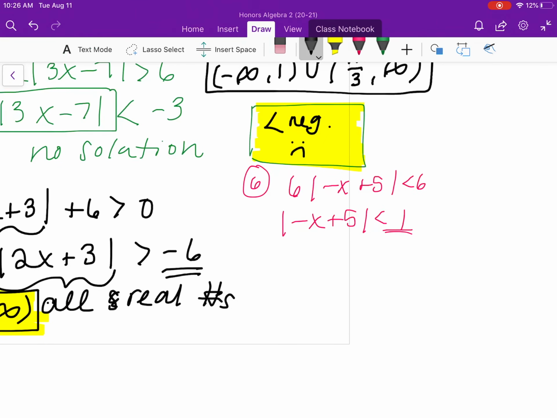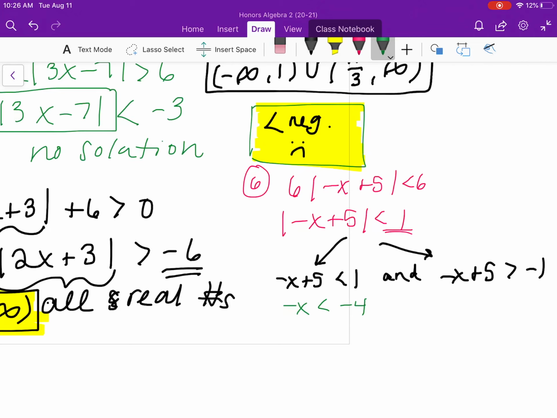But don't forget that there are going to be two situations. Negative x plus 5 could be less than 1, and negative x plus 5 has to be greater than negative 1. So those are my two situations. Remember, you flip the sign and make it negative on the other side.